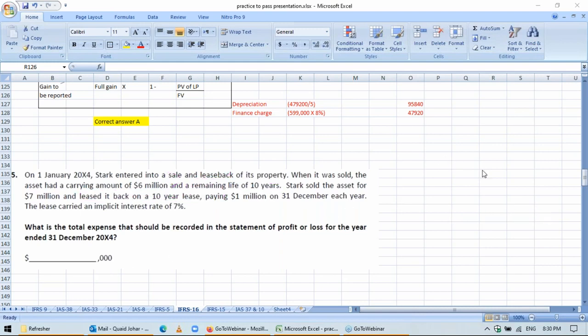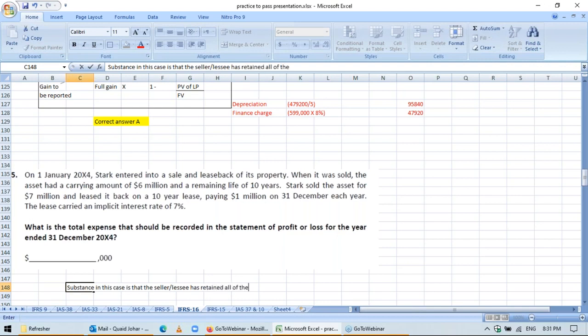The substance of the transaction in this case is that the seller, lessee, he was initially a seller and then he became lessee, has retained all of the asset.